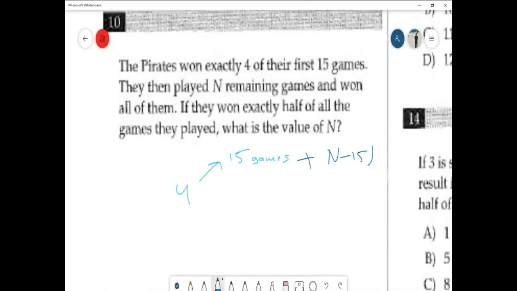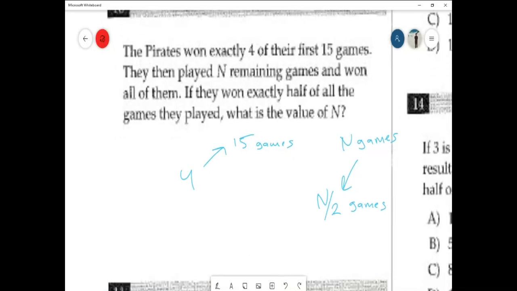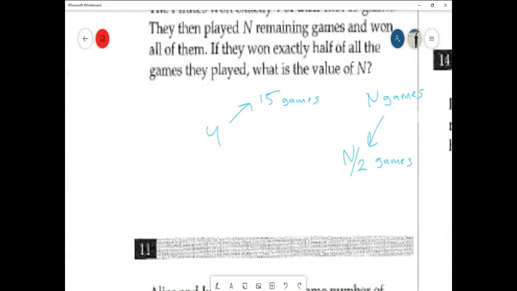But when I add plus n games, n minus 15. Is it clear now? No. It will be much more complicated. When they play n games, after n games, that means they have won n divided by 2 games.